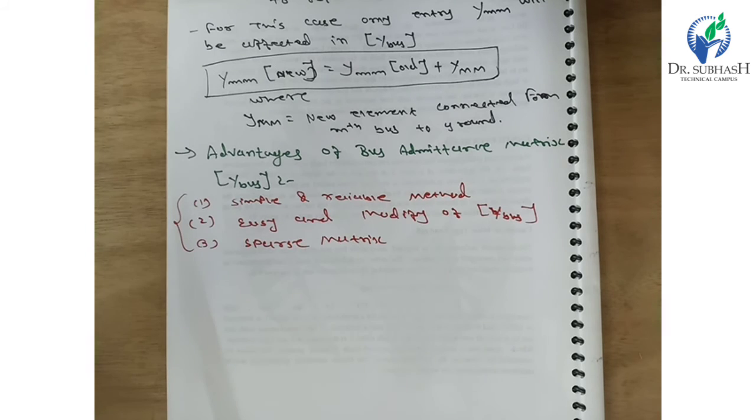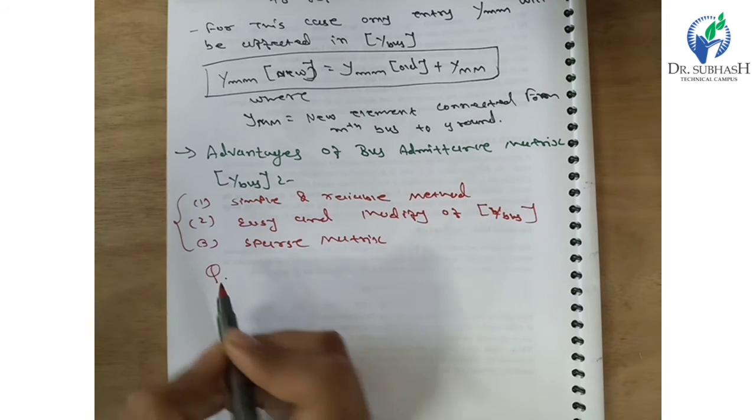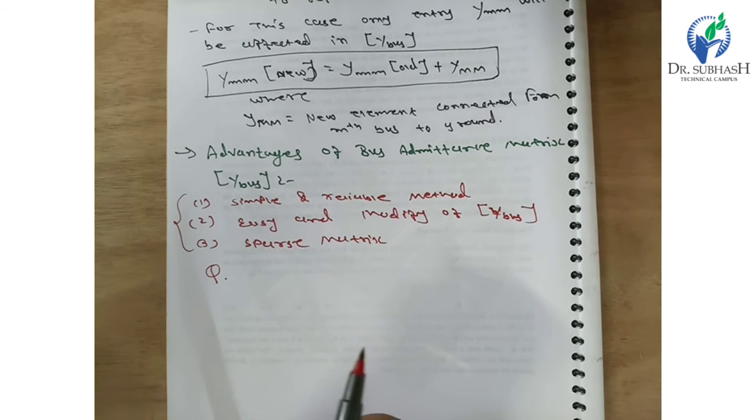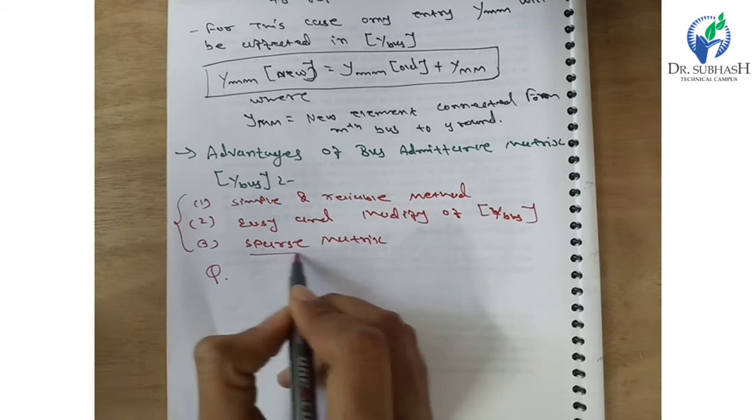Here the question arises: why is the bus admittance matrix a sparse matrix? This is a very important question.